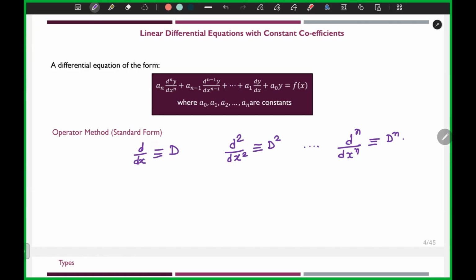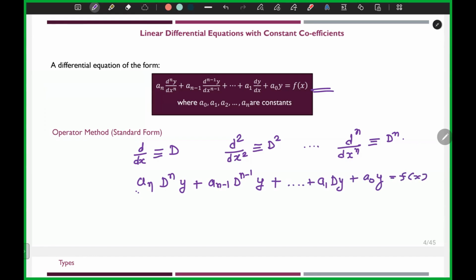So we can simply write this equation in operator form as a_n D^n y plus a_(n-1) D^(n-1) y plus ... plus a1 Dy plus a naught y equals some function of x.